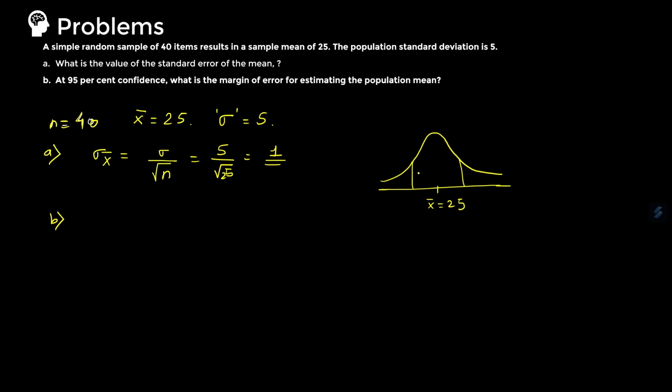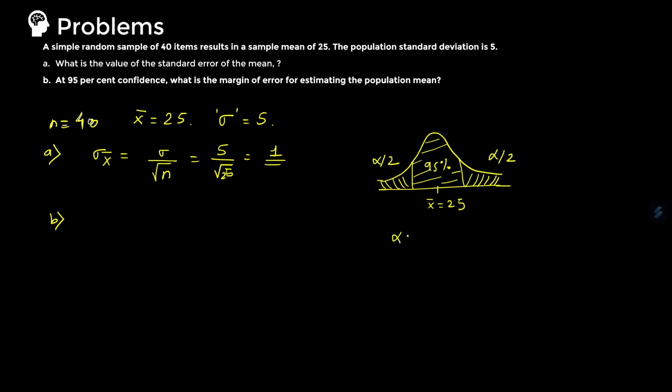And this is our 95% confidence, the whole portion. Here the remaining portion is our alpha by 2.